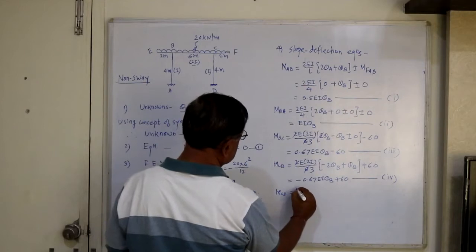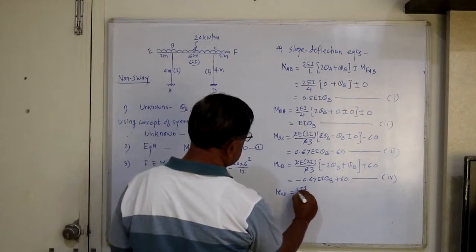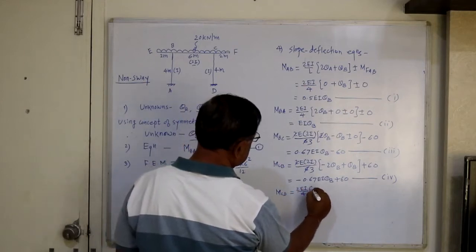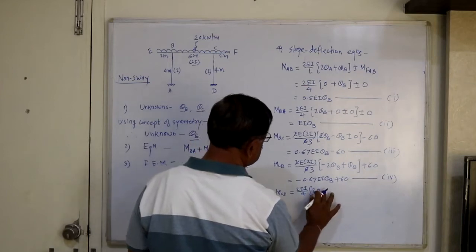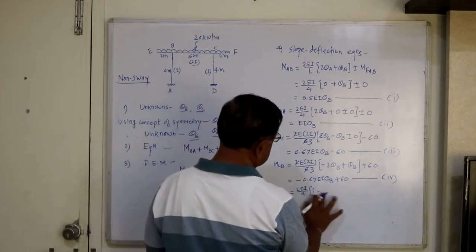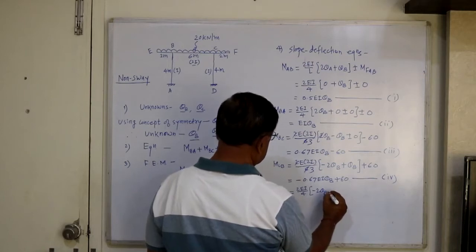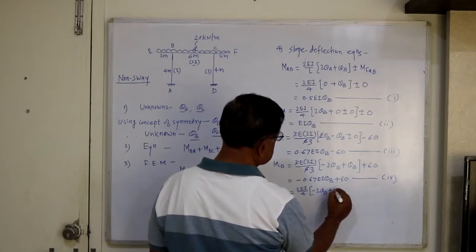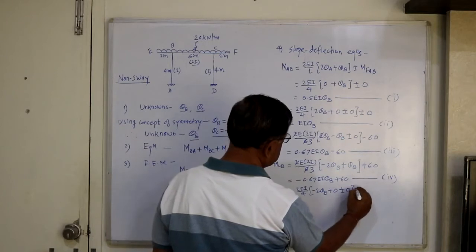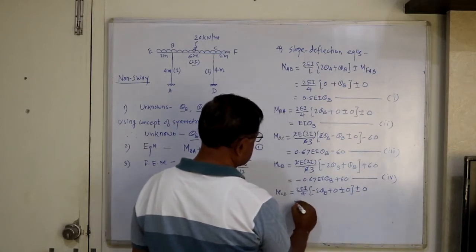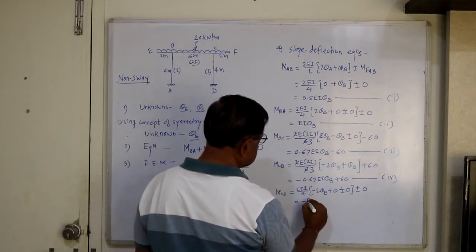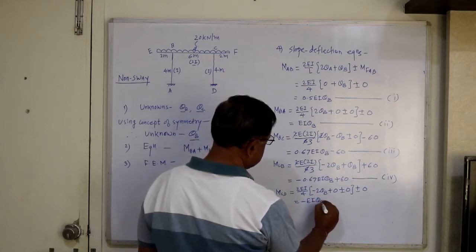MCD equal to 2 EI upon L 4, 2 theta C, means it becomes minus 2 theta B. And this is now theta D is 0, plus minus 0, and this is again 0. So this is minus EI theta B, equation 5.